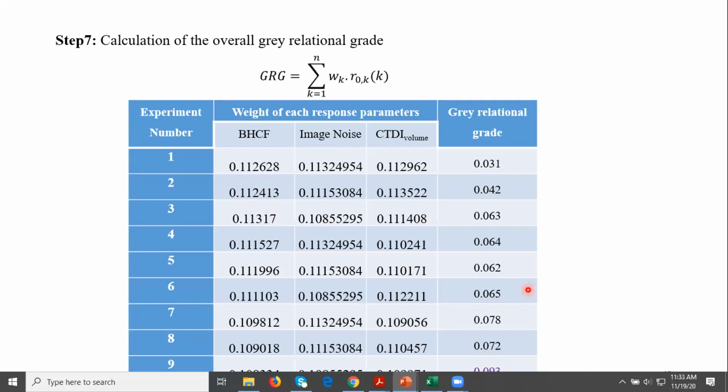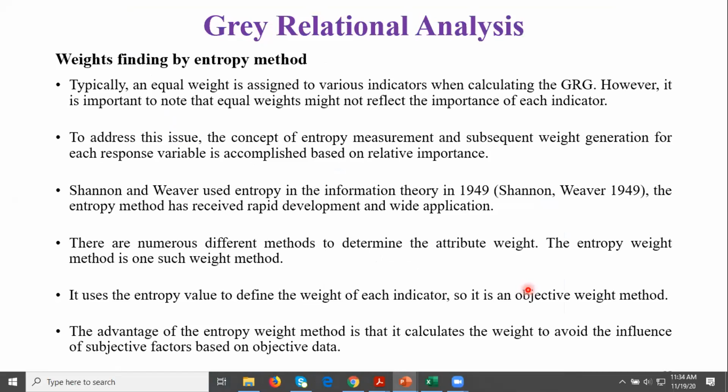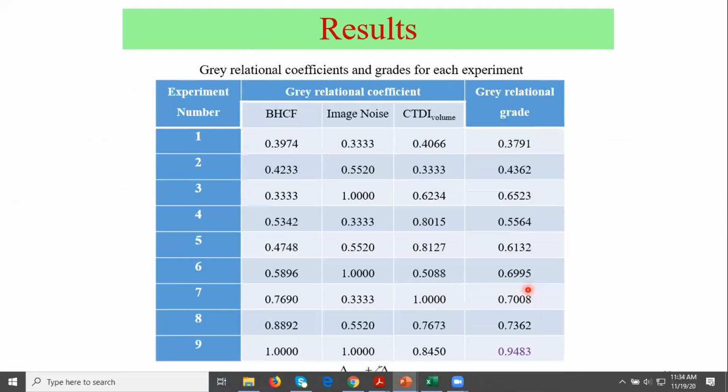So you can see here, when we calculate the weights for each experiment using the entropy method, versus without calculating anything, just applying a distribution of 0.5, almost all the results are the same. So that's why you can use this first method.